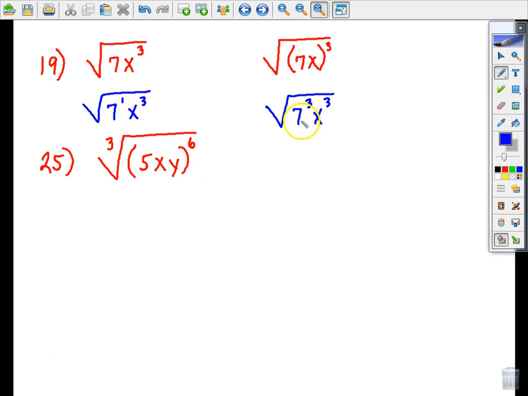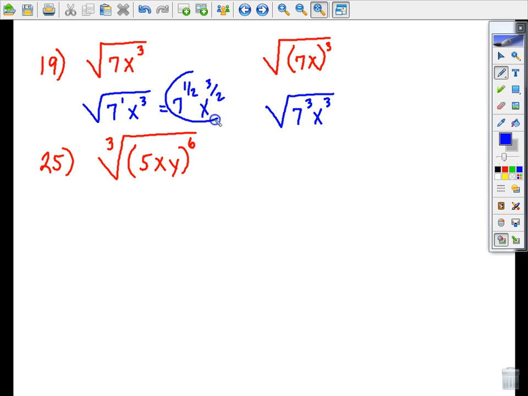All right, now let's write each of them in exponential form. Let's go back to Adam. Let's take the left one in exponential form. It would be 7 to the what power? Good. And x would be to the 3/2.